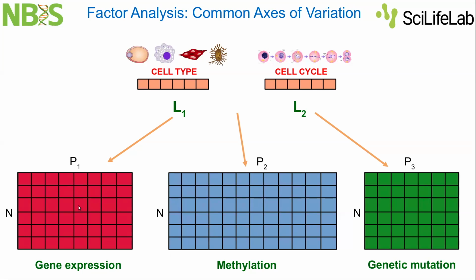For example, you have three matrices: gene expression, methylation, and germline genetic mutations, and this is the data you have. But you assume that all three of them came from the same biological process. And if you learn these latent factors that can generate the observed data, you understand something fundamental about your biological process, such as cell type or maybe cell cycle.